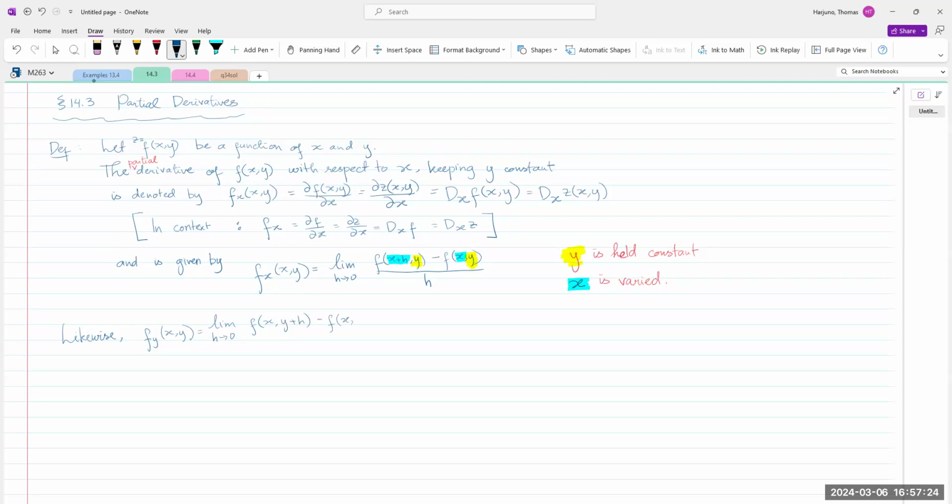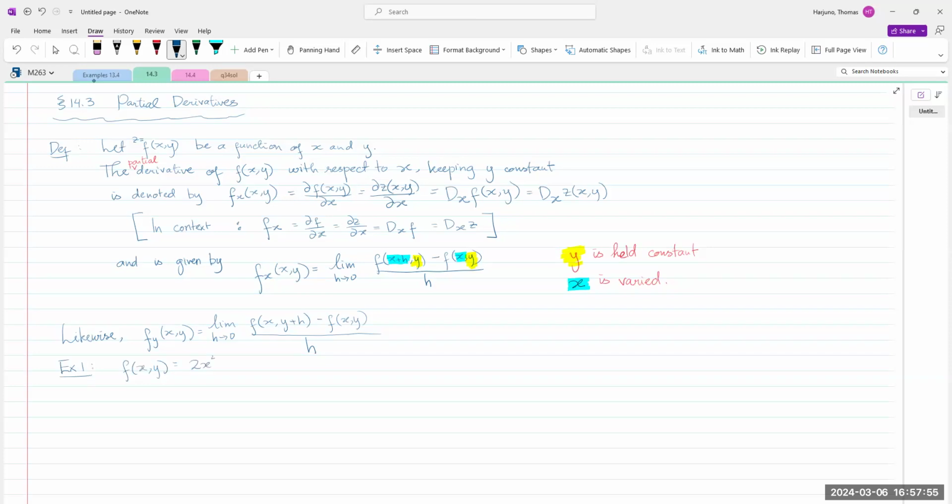The y is the one varied. Now you will see basically when we have a function of x and y and you do partial derivative with respect to x, then we only see the x as the variable and the y as the constant or as a coefficient.